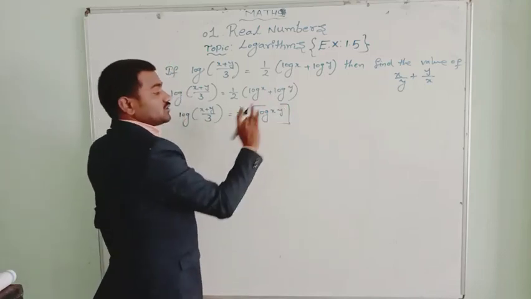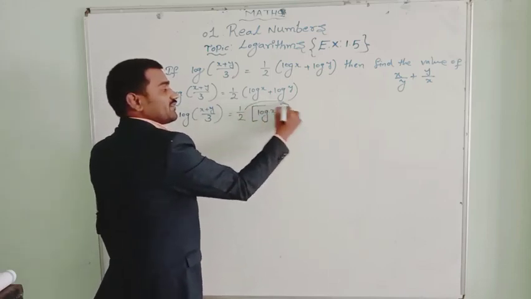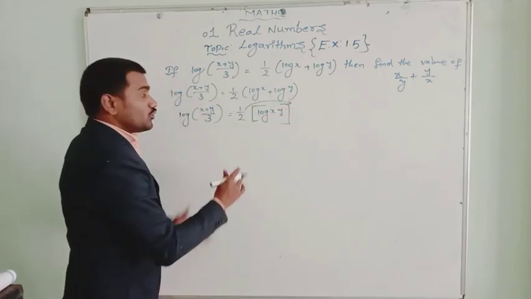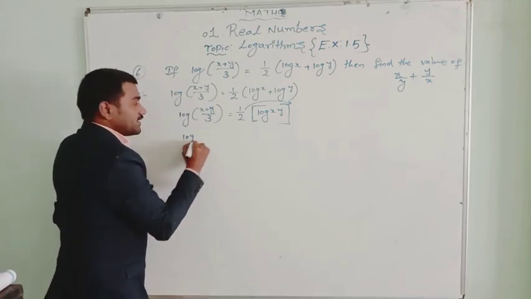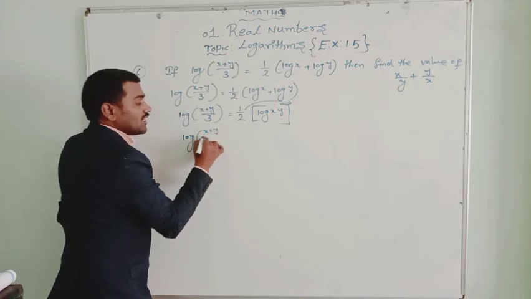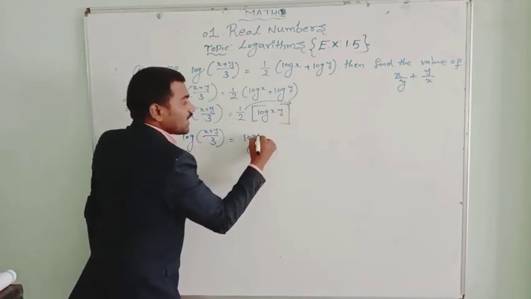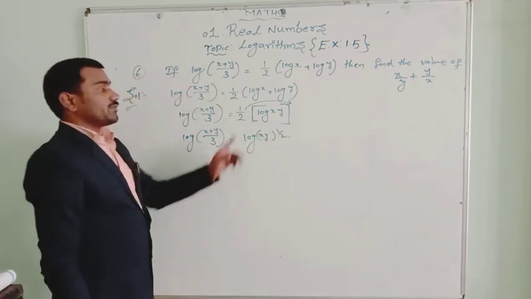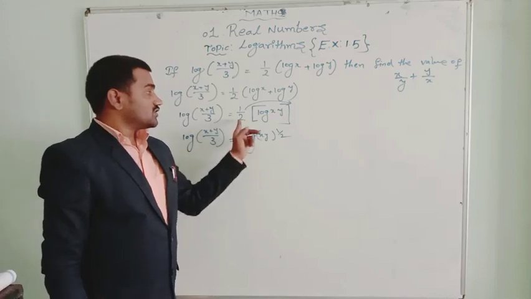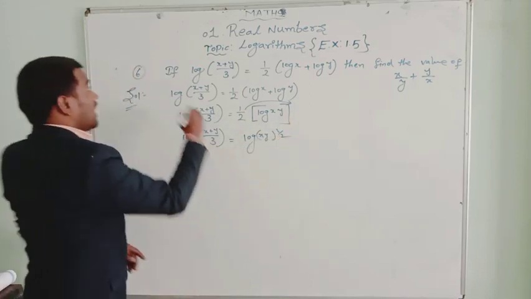So this 1 by 2 will come inside from here by using the power formula. You also write the formulas; I am writing completely here. So this 1 by 2 comes here, that is log of (xy) to the power of 1 by 2. See that it is an exponential form, as I said.